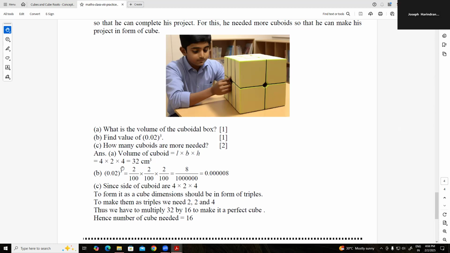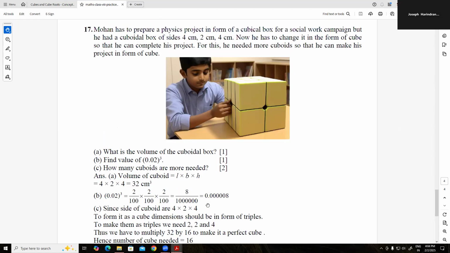this is the cuboid actually. We need triplets. So we should multiply this by 16 to make it a cube. The number of cuboids more needed.